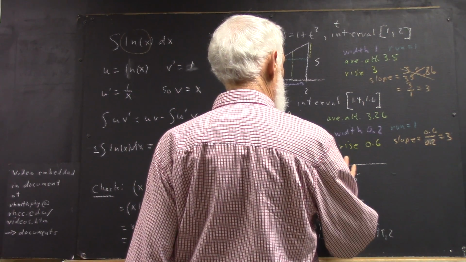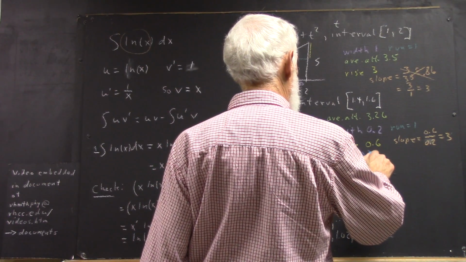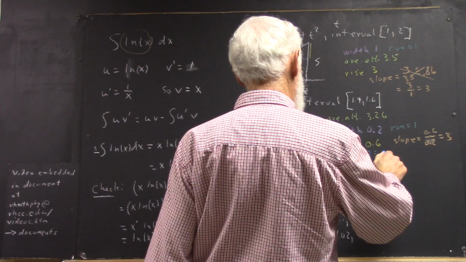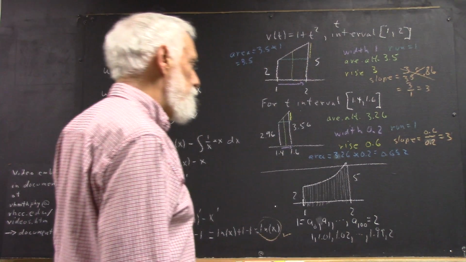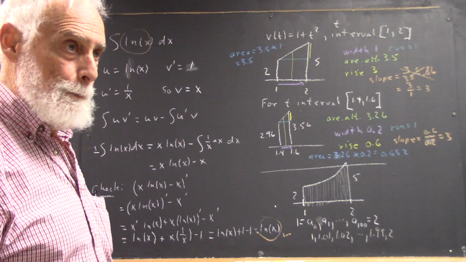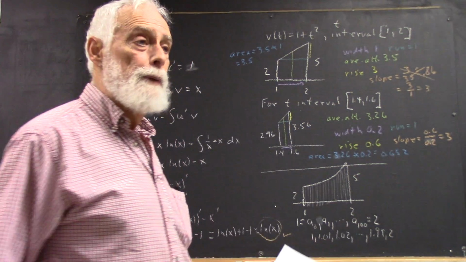Well, let's do the altitude first. 3.26 times 0.2, which is going to be 0.652. Now, those are just numbers. What do they mean?